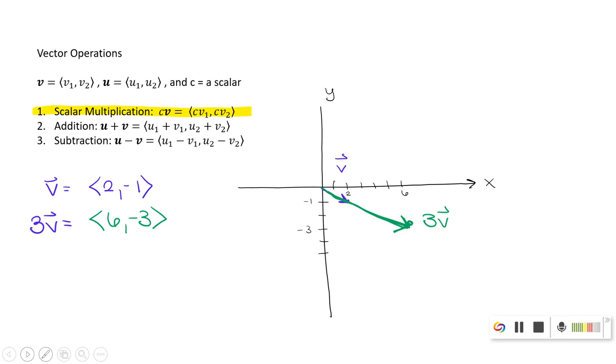And so I end up with a new vector, 6, -3. I've drawn my new vector on the screen in green. Multiplying a vector by a scalar isn't changing the direction. In this case, it's just changing the magnitude. It's just stretching it out, multiplying it by 3.